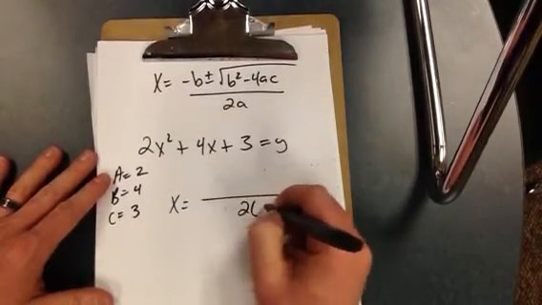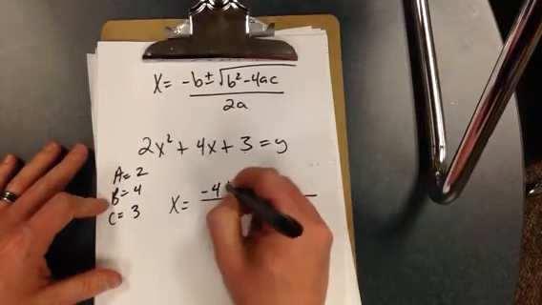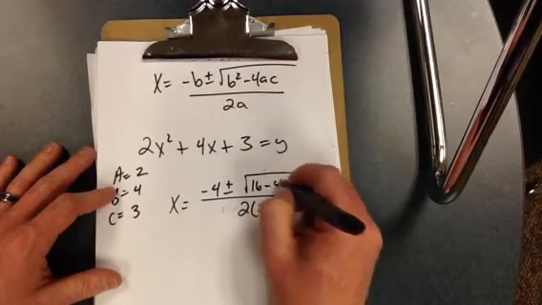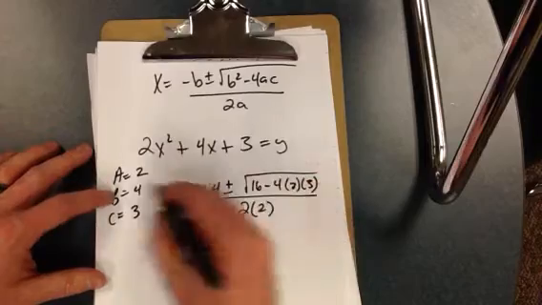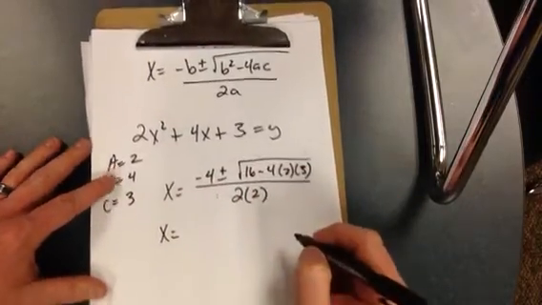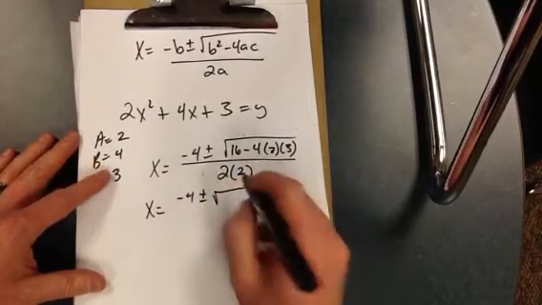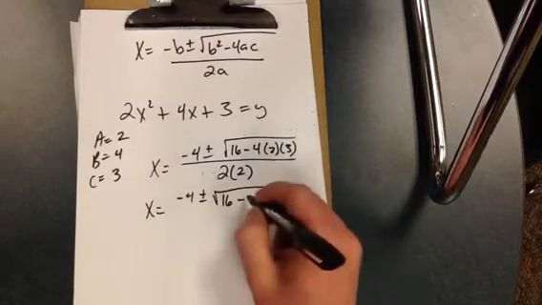I have 2 times a, which is 2, opposite b, which is 4, plus or minus the square root of b squared, which is 16, minus 4 times 2 times 3. This 16 comes from b squared, which is 4 squared. That gives me negative 4, plus or minus the square root of 16 minus 24.